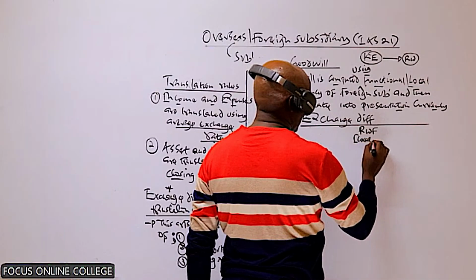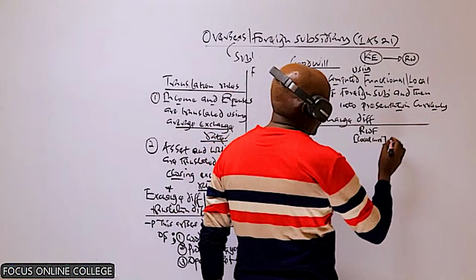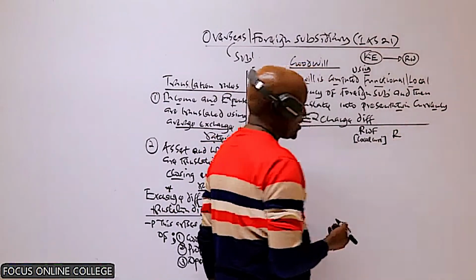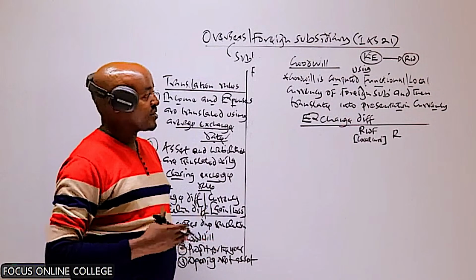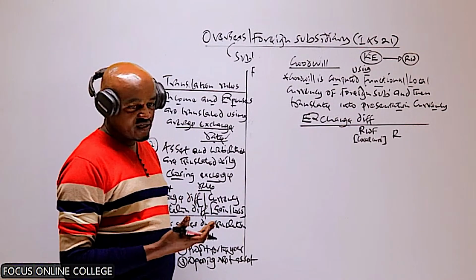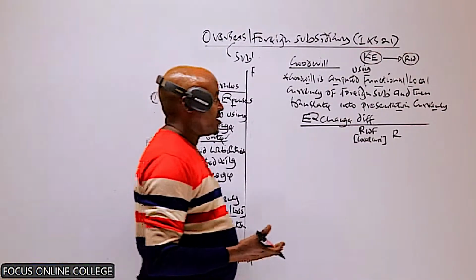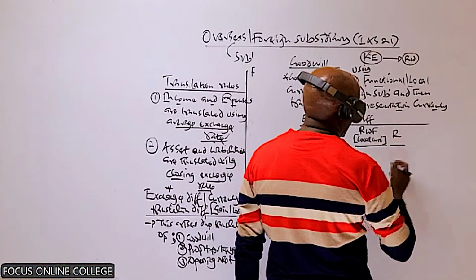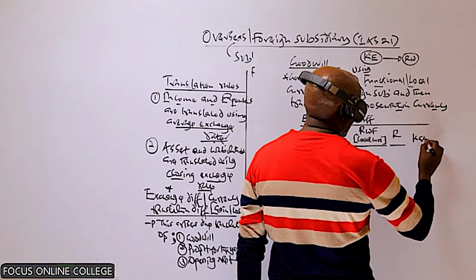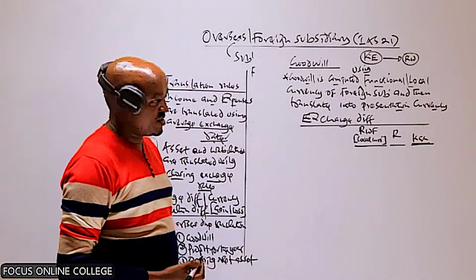We have a column for the rate of exchange. You'll be given the exchange rate between Kenyan shillings and the Rwandan franc. Then here we translate that into presentation currency, which is the Kenyan shilling.